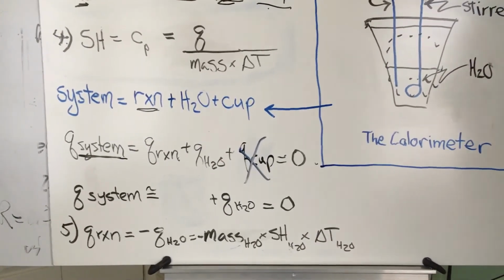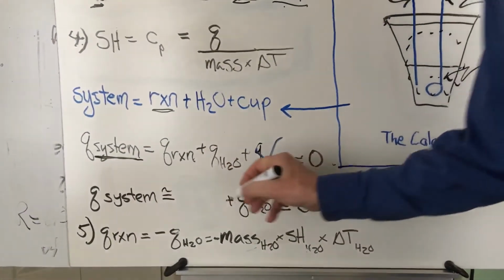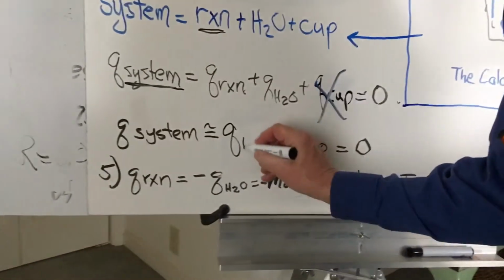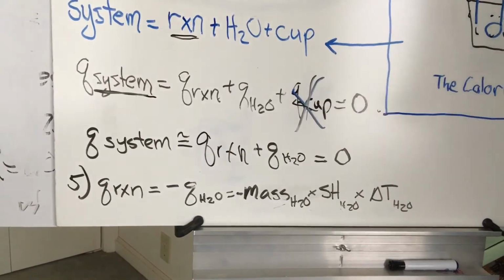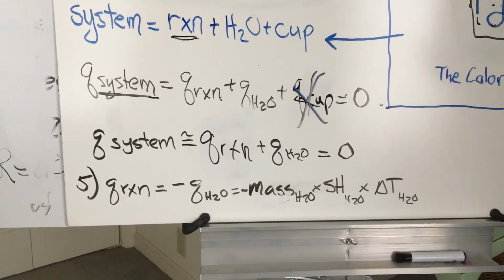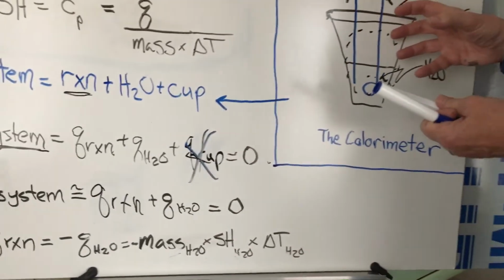And therefore, the heat of the system is approximately equal to Q of the reaction plus Q of the water. We've eliminated that. And that sum has to be equal to 0 because all the heat energy is trapped inside.